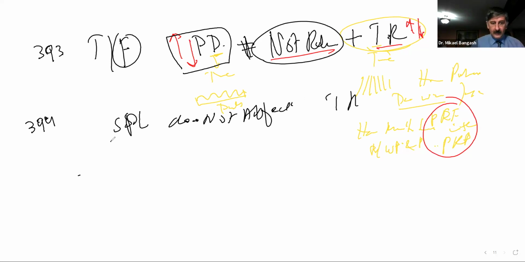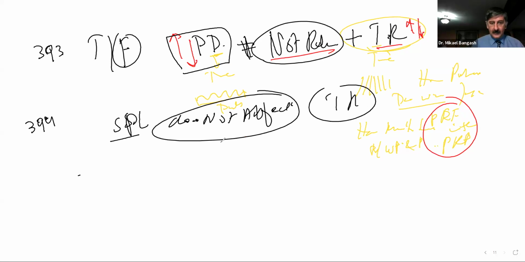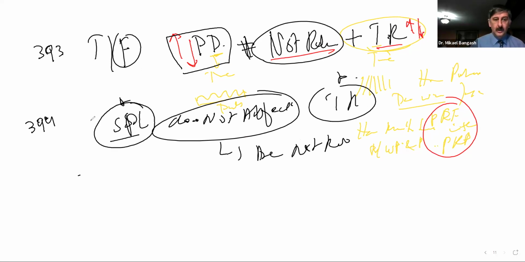If this does not affect this, it means that these two factors, A and B, are not related. So your temporal resolution, if it's not related to your pulse duration, is also not going to be related to your spatial pulse length.